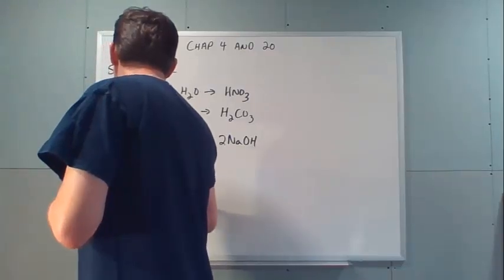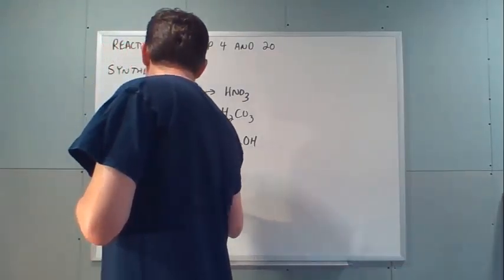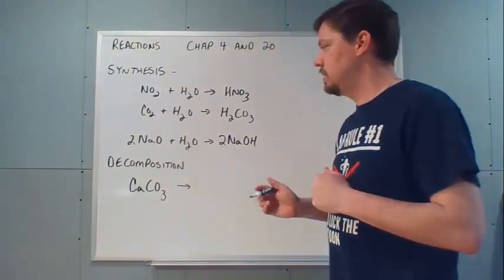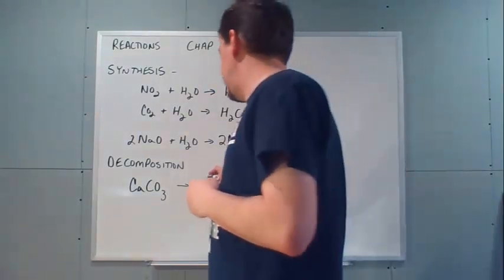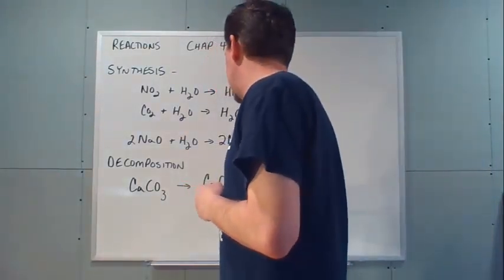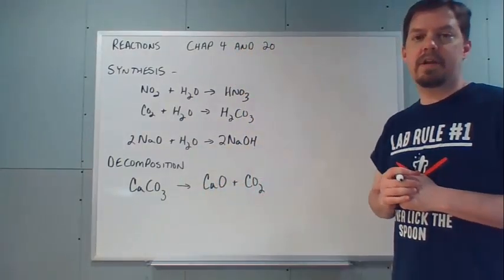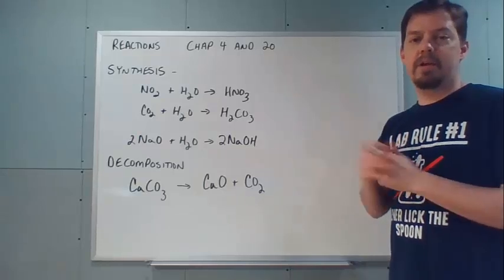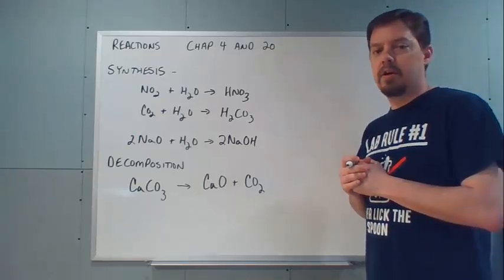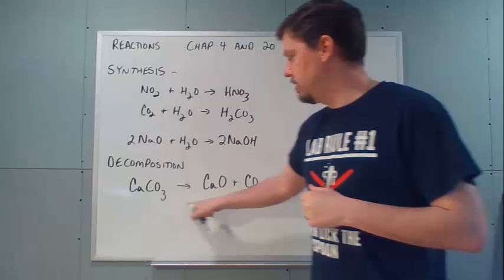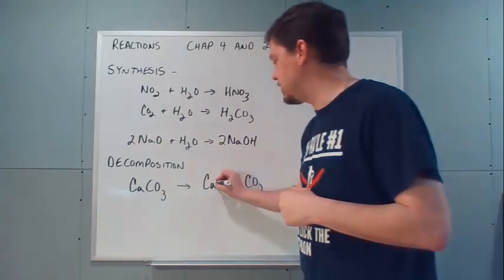Anytime you have a carbonate that decomposes, you're going to get a metal oxide and carbon dioxide. So that's a very common one. Whatever the metal is here is what's going to be the metal in the metal oxide.